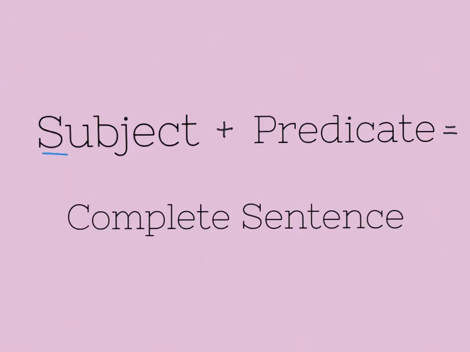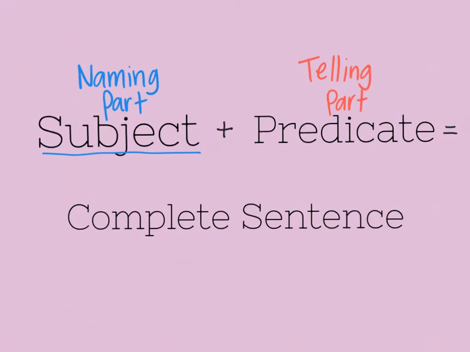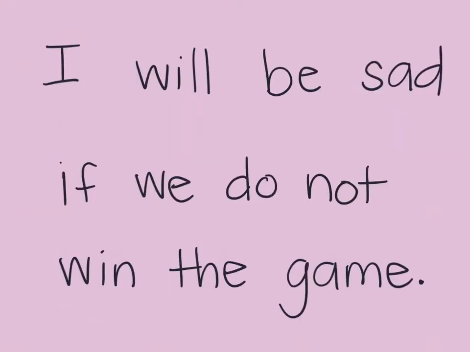And our subject is the naming part, and our predicate is the telling part. Let's try one together, just like we did yesterday. You can watch and follow along, or you can pause this video and write this sentence in a notebook or on a piece of paper or your pocket sleeve to practice with us.